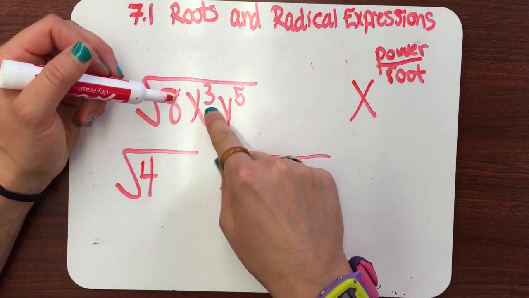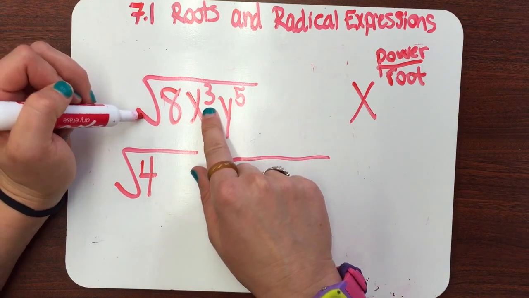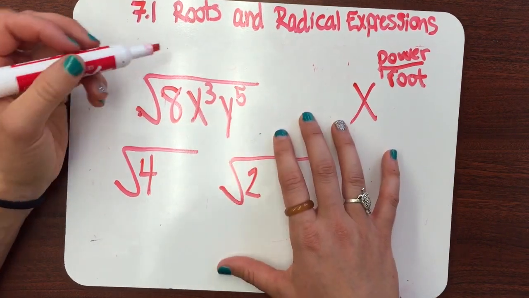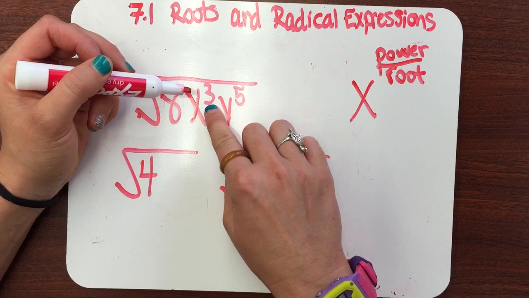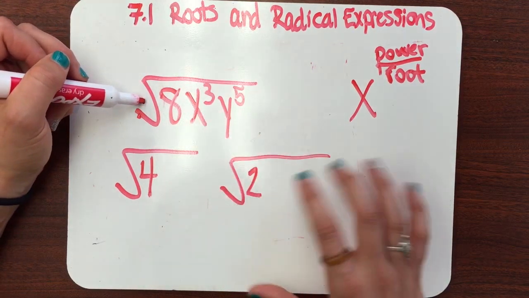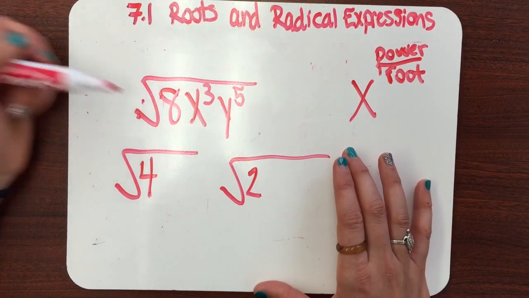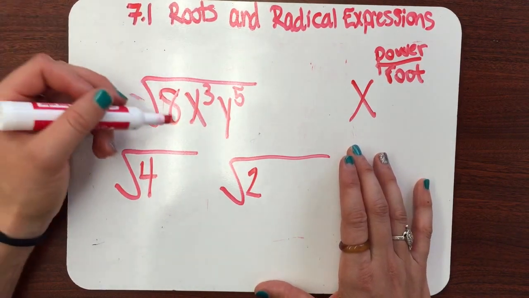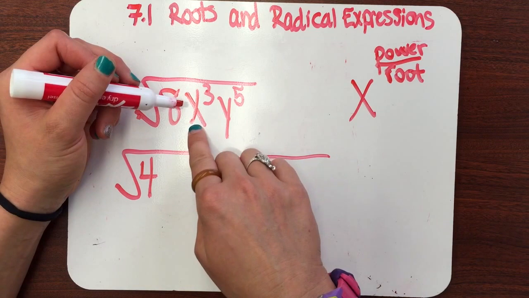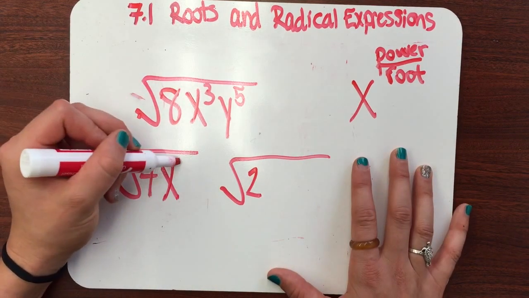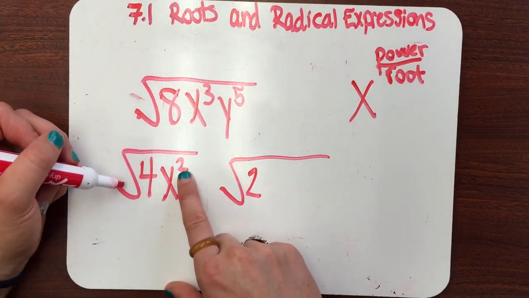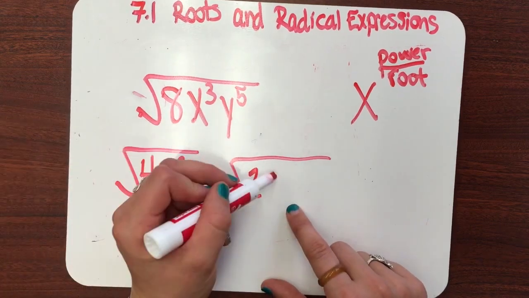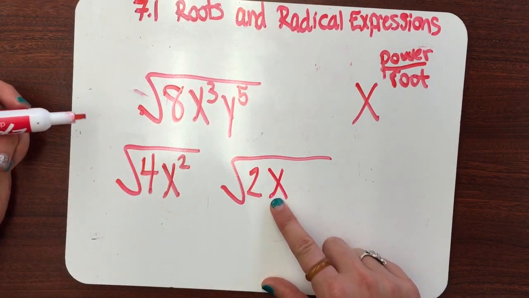The way that you can tell if your variables are a perfect square or a perfect cube is this exponent has to be a multiple of your index or your root. So 3 is not a multiple of 2, but we can break it up. We know that we have 3 x's. So I'm going to put 2 of them here because 2 is a multiple of 2. And then I have 1 left over, so I'm going to put it here.